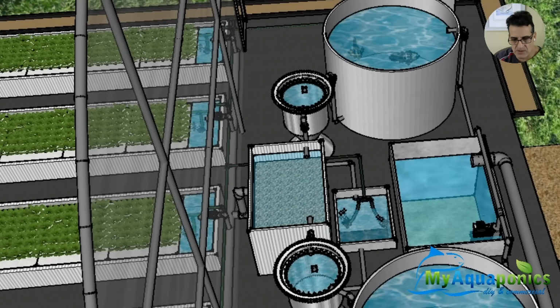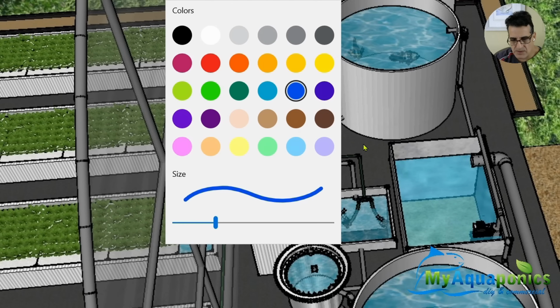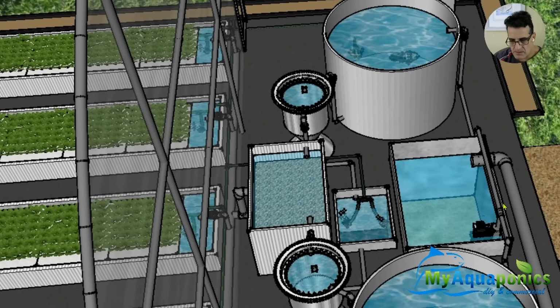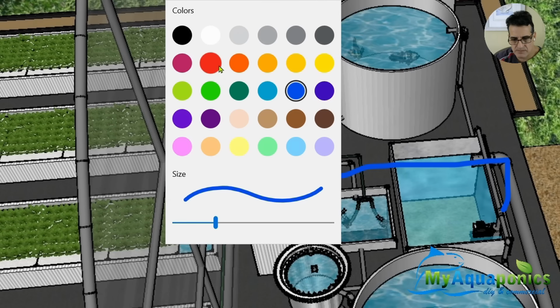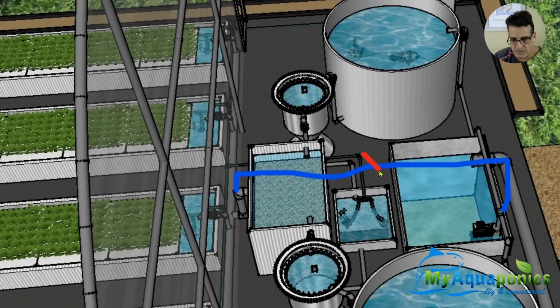Basically, what you would do, you would just bring a pipe up there, across into there. You could put a valve there to close and open, and then you'd also put some valves there and valves there.